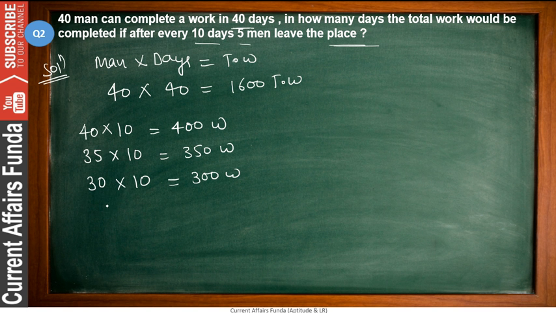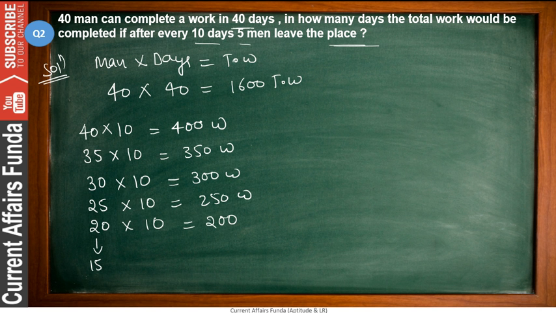Okay, so friends, again next time 5 more men leave the place, so they work for 10 days, it will be 250. Again next, 20 men and in 10 days they will do 200 work. Okay, so friends, next time it will be 15 men.